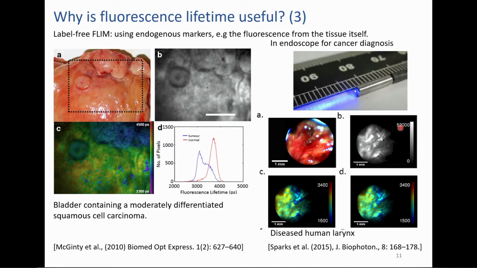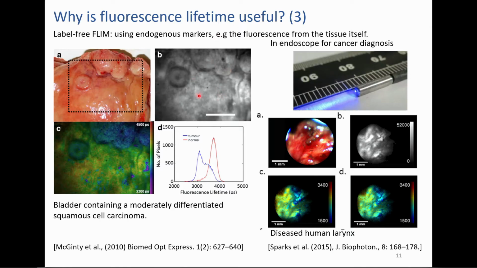So this is an example here of how we can gain contrast from tissue that you don't need extrinsic labels to look at. So you look at cancer tissue here, and if you look at the fluorescence lifetime, you can see that cancerous tissue here has a shorter lifetime compared to the non-cancerous tissue. And although if you looked at spectra from these regions, you wouldn't be able to distinguish very much between the intensity from one or the other.